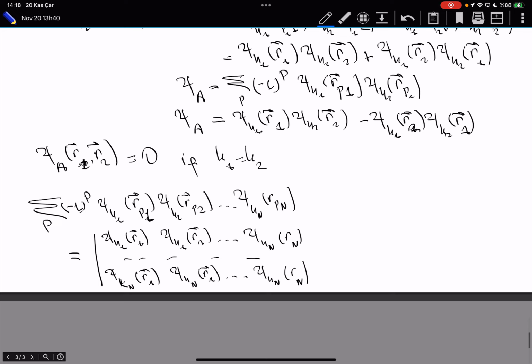No, sorry. So exchanging two particles just corresponds to exchanging two columns of this determinant, and if you exchange two columns of a determinant, it just changes sign.